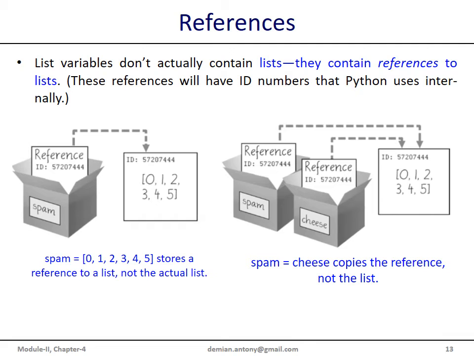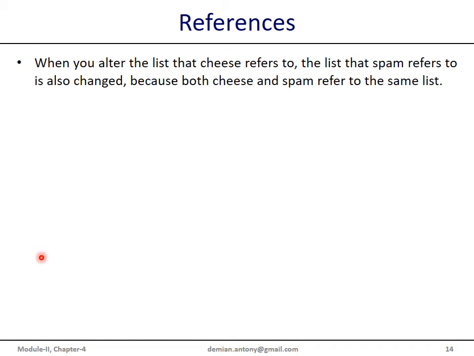This is a pictorial representation to understand this concept of reference. Remember, whenever we assign a list to a variable, we are creating a list reference, and assigning a list reference to another variable also creates one more list reference to the same list. Remember, when you alter a list element with any of the list references, it manipulates the original list.